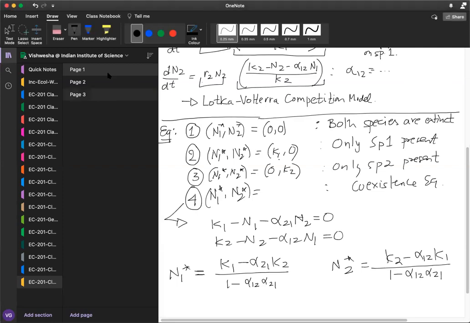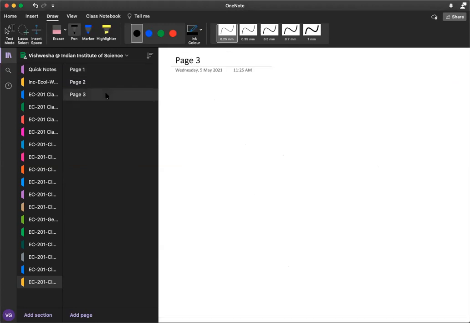Now, how do we look at the stability of this? The strategy is as follows. We know the two equilibria now. The idea for stability is to plot, on this N1 versus N2 axis, the growth rates.